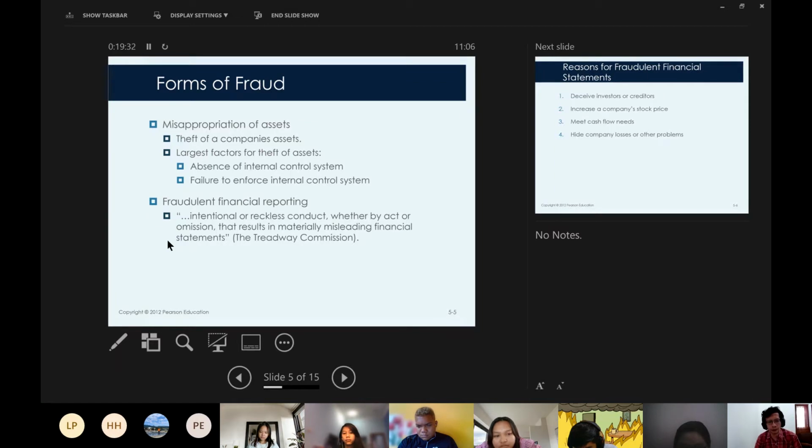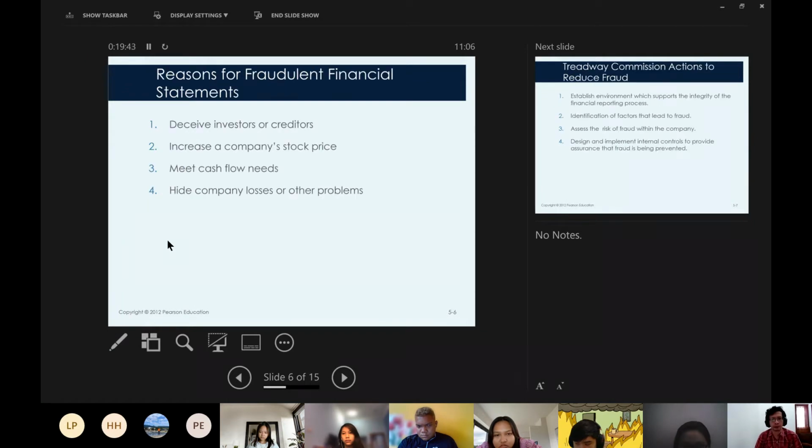So fraudulent financial reporting is intentional, reckless conduct in materially misleading financial statements. So why? The reasons for fraud: one, to deceive investors or creditors, increase the company stock price, meet cash flow needs, and hide company losses or other problems. The classic example of this was Enron.